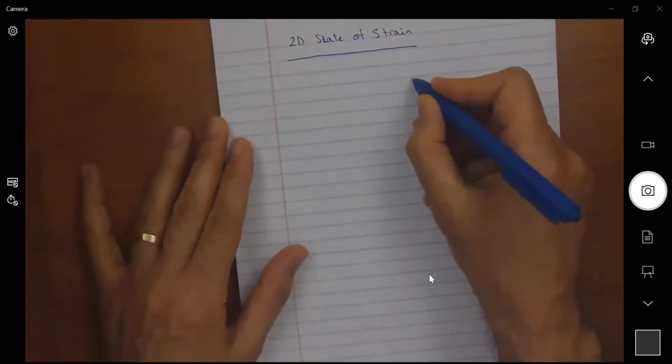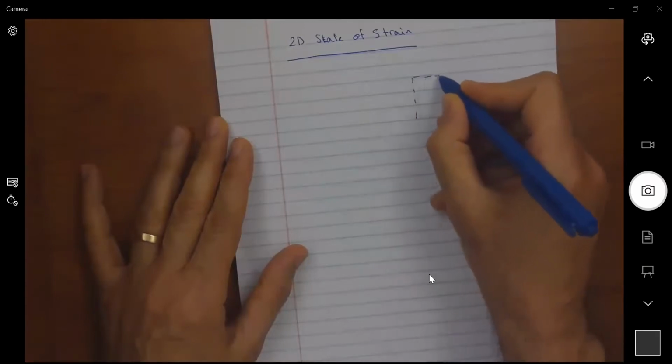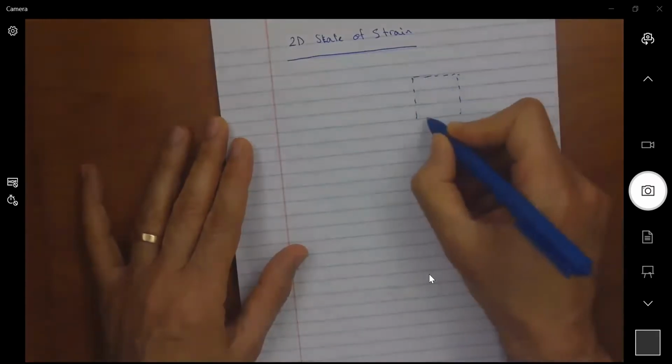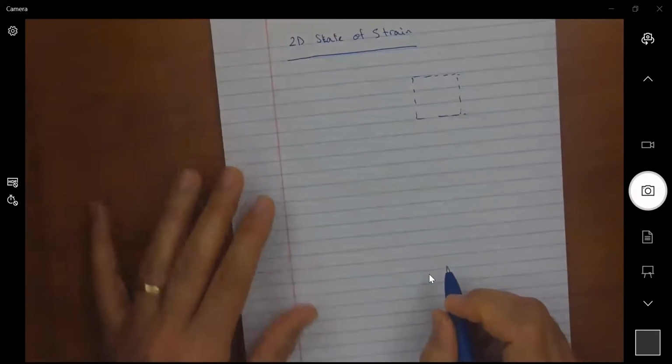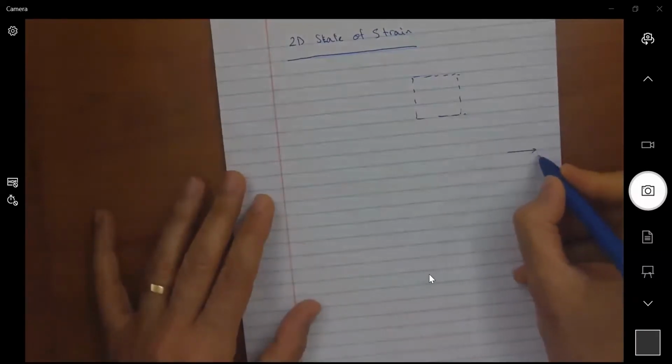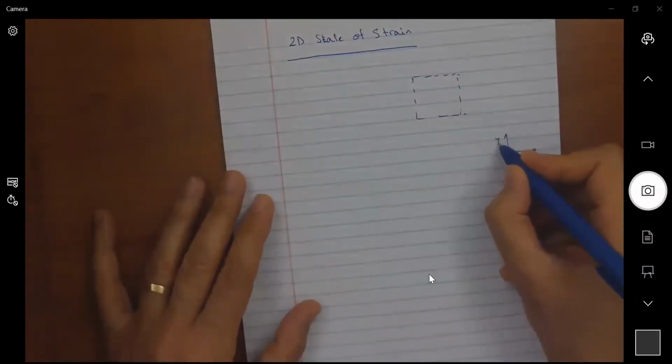So if I'm starting with an element in plane, so we are still working in the x, y plane.